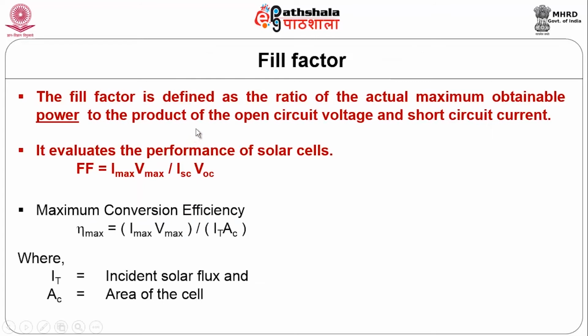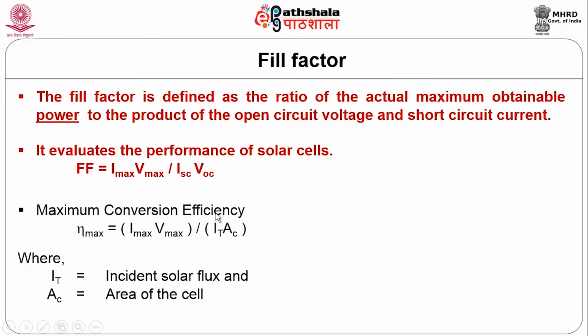The fill factor is defined as the ratio of the actual maximum obtainable power to the product of open circuit voltage and short circuit current. It evaluates the performance of the solar cell. Fill factor is I max into V max divided by I suffix SC and V suffix OC, that is short circuit current and open circuit voltage, and this ratio will give you the fill factor.